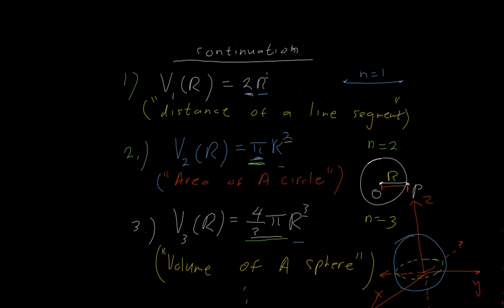There isn't a pattern to K, but we know the pattern in general is a constant times R to the n. R is more pattern recognition because it goes from R to the 1, R squared, R cubed. So we can more generally say K subscript n minus 1 times R to the n.